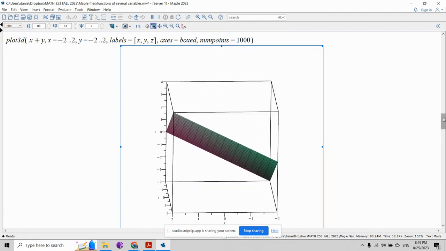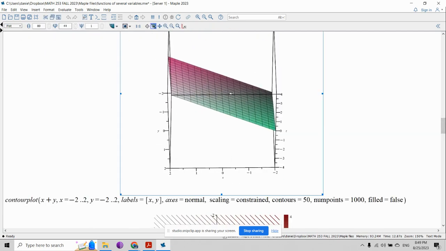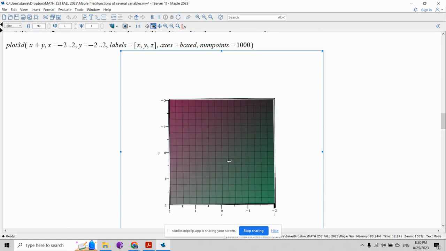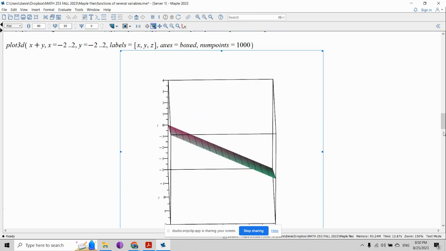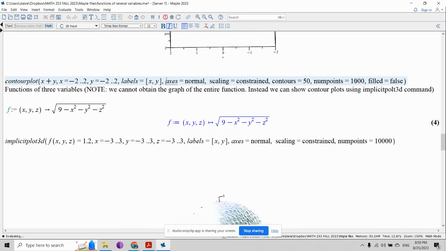The domain is going to be actually a square: x between minus 2 and 2, y between minus 2 and 2. So if I see this graph from above, it should project completely onto that square, between minus 2 and 2 for each side. And the contour plots will be straight lines.